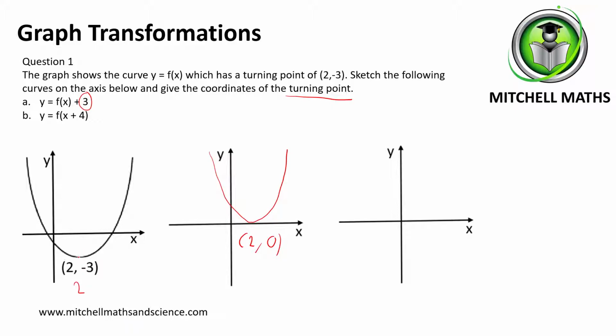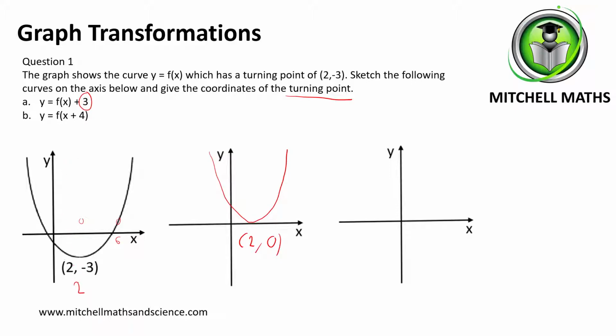If we add 4 to the x values, that value would become 6. And 6 will be around here somewhere. So instead, this part of the graph will be here, because we're adding 4 to the x values, which is going to affect the y values.